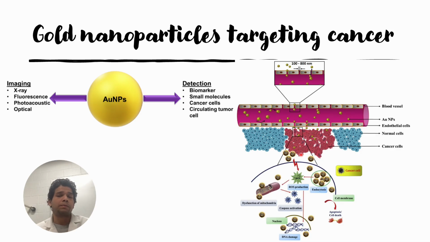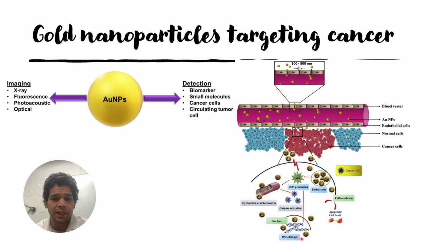And based on the mRNA that these gold nanoparticles contain, they can act on the cancer cells in different ways. Some of the ways are shown here: the mRNA can be used to trigger apoptosis of the cancer cells, or for DNA damage by entering into the nucleus.